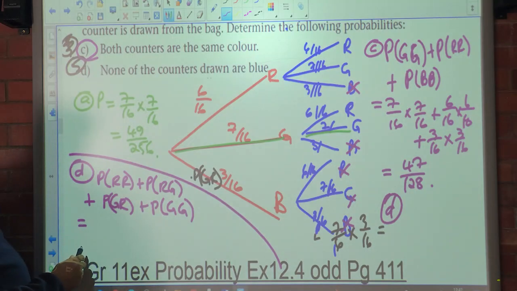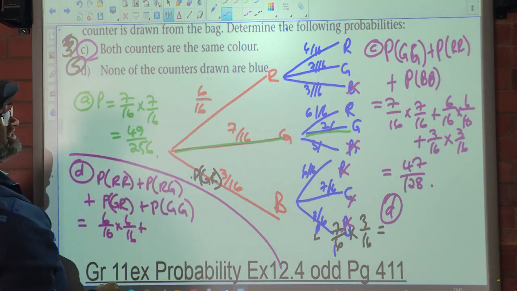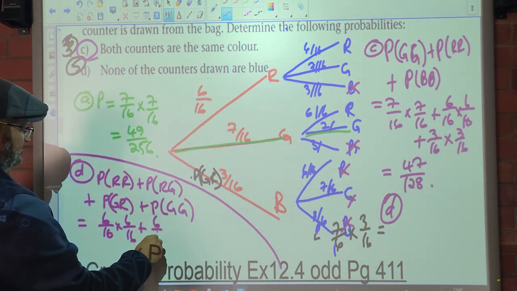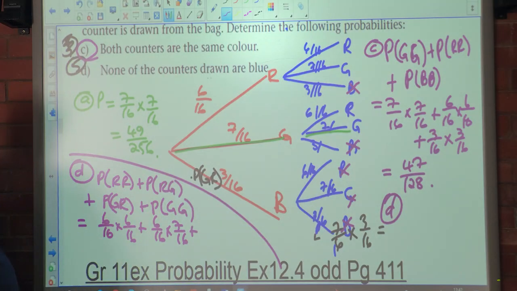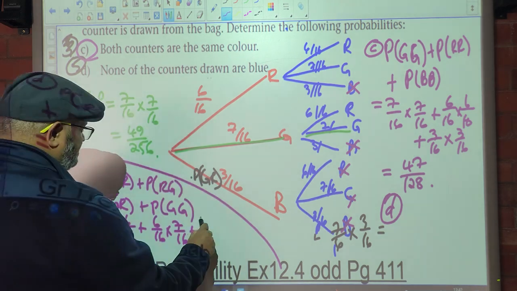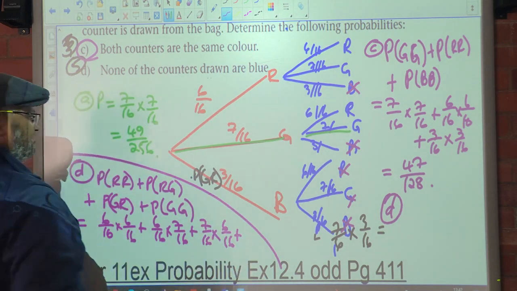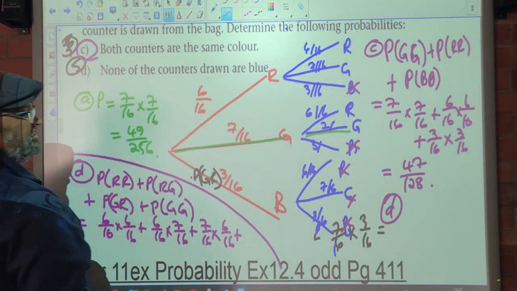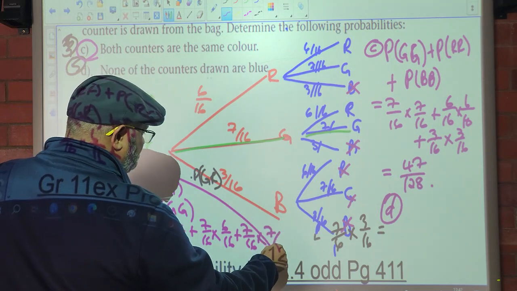So red, red: 6 over 16 times 6 over 16, plus red, green: 6 over 16 times 7 over 16, plus green, red: 7 over 16 times 6 over 16, plus green, green: 7 over 16 times 7 over 16.